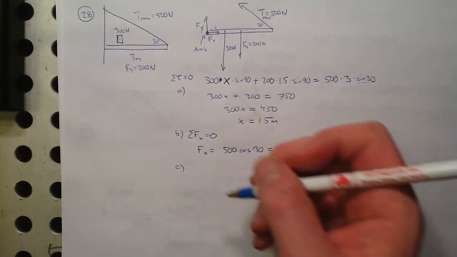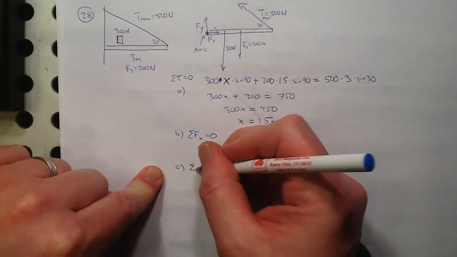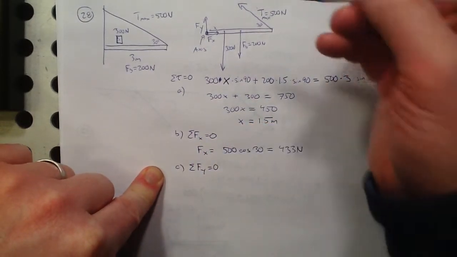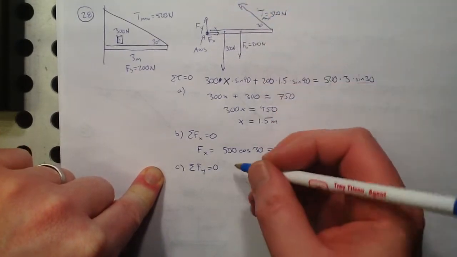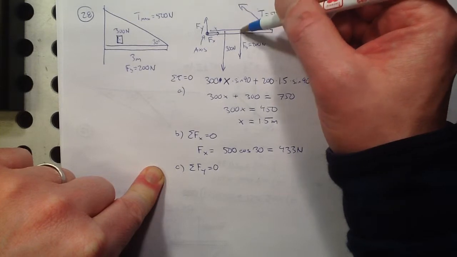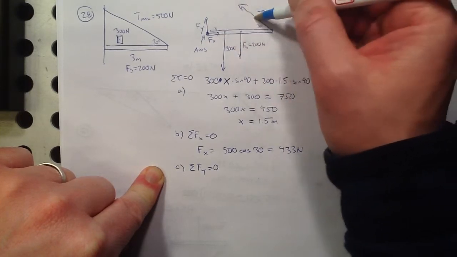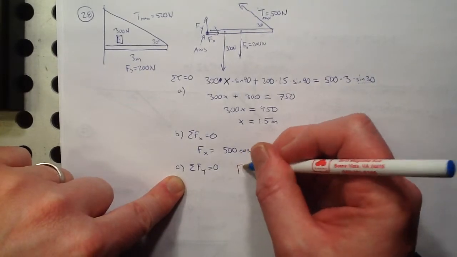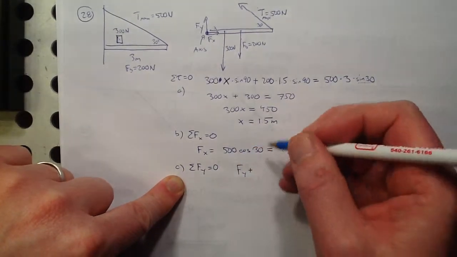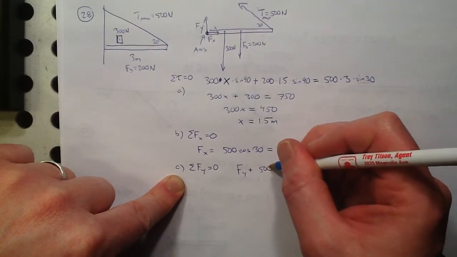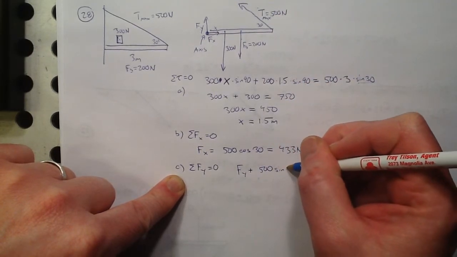And in part C, balancing the vertical components or forces, I have Fy up and the vertical component of the tension, those are up versus these two down. So that would be Fy plus the sine component of the tension force.